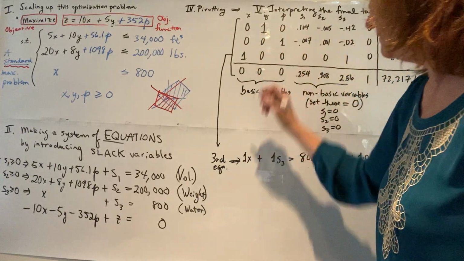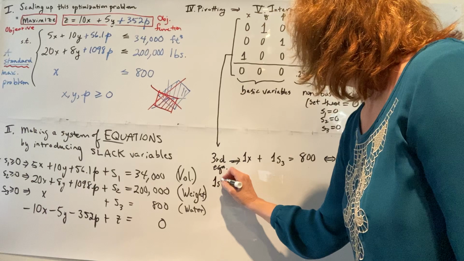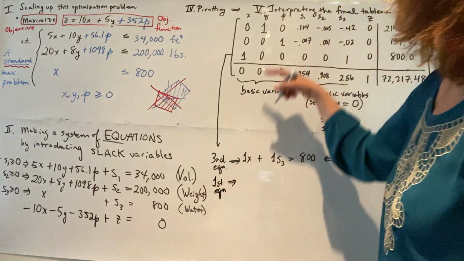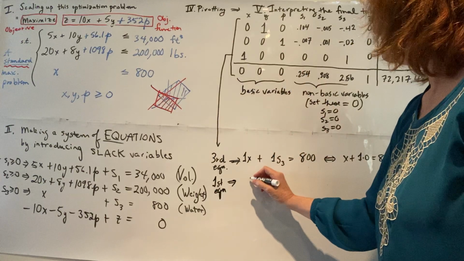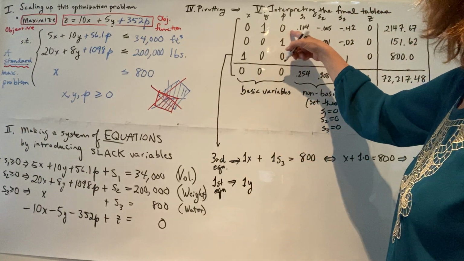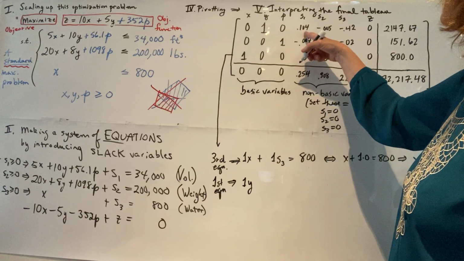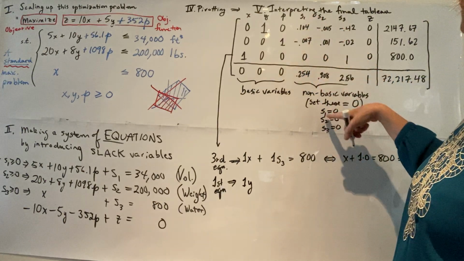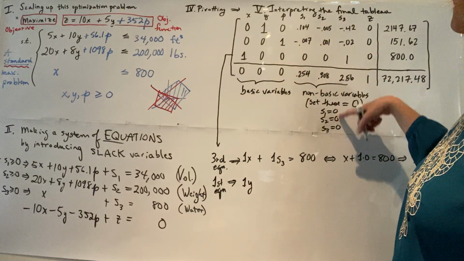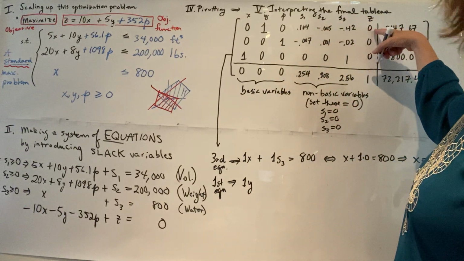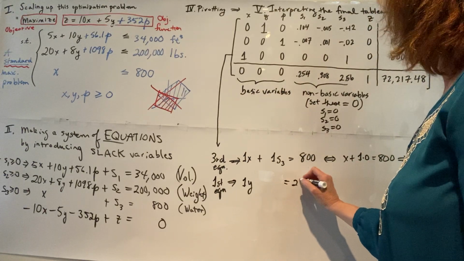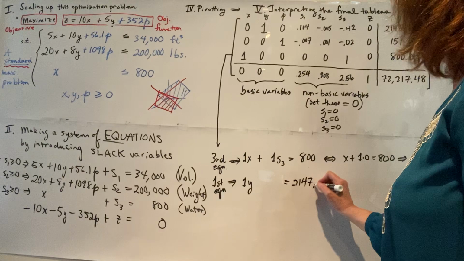That first equation, first line, gives us a first equation that now looks like 0x plus 1y plus 0p plus some number of s1s, but I've set them equal to 0, plus some number of s2s, but I've set s2 equal to 0, can ignore, equals 2147.67.